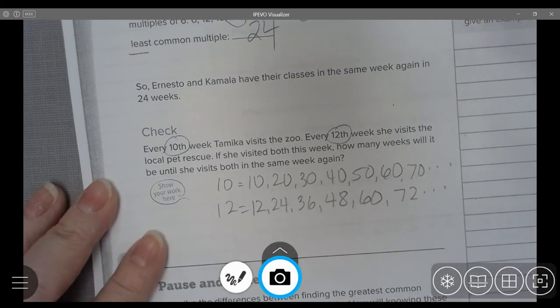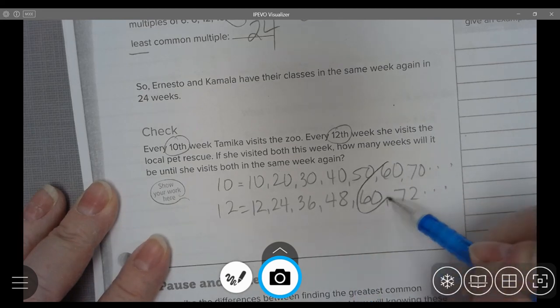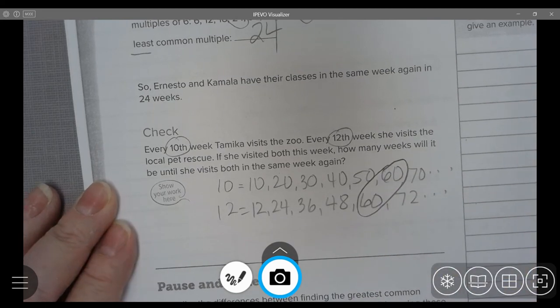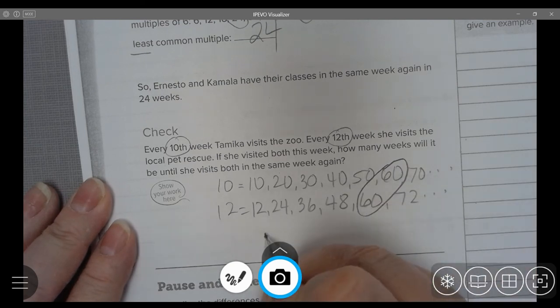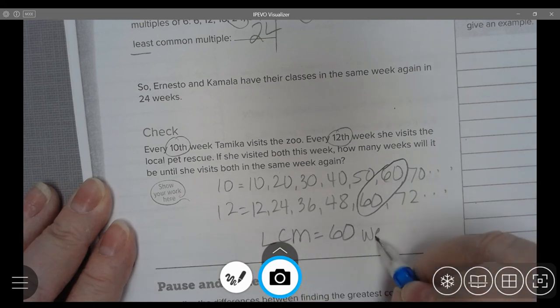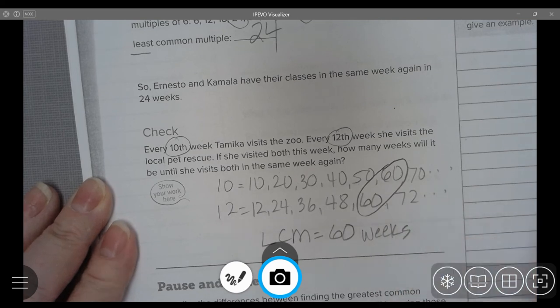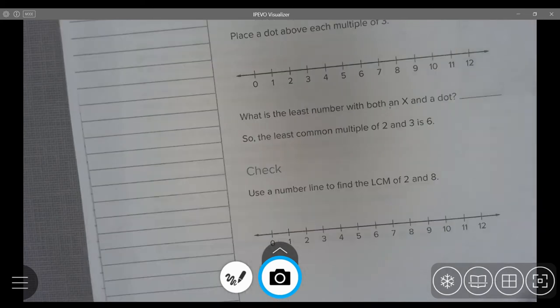I'm looking for numbers that are the same in each. I find 60 is common in both, and there's nothing less than that. So the least common multiple would be 60 weeks. She would visit both again in 60 weeks.